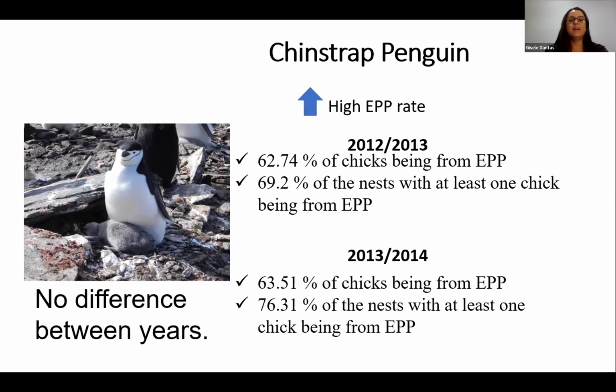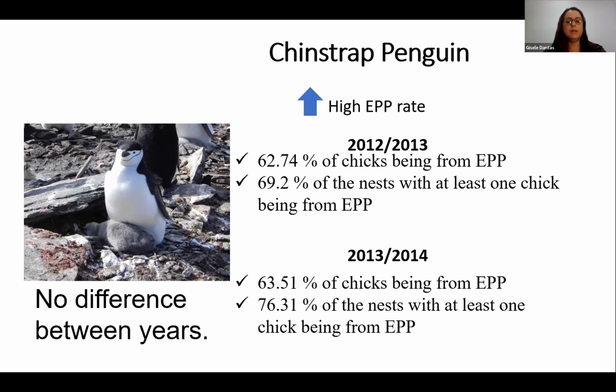In the same way, for the chinstrap penguins, we found high extra-pair paternity in both years, with no significant difference between years. In the first year of the sample, we found 16.2% of the chicks from extra-pair paternity, corresponding to 69% of the nests with at least one chick being from extra-pair paternity.